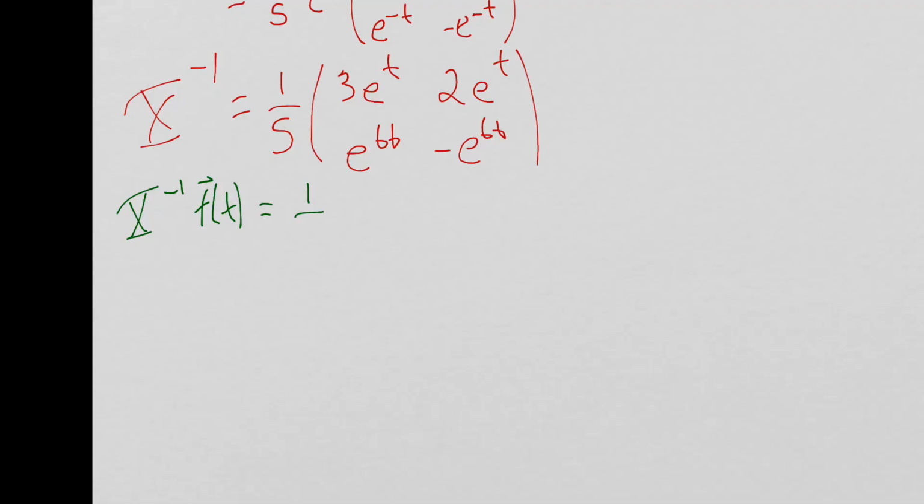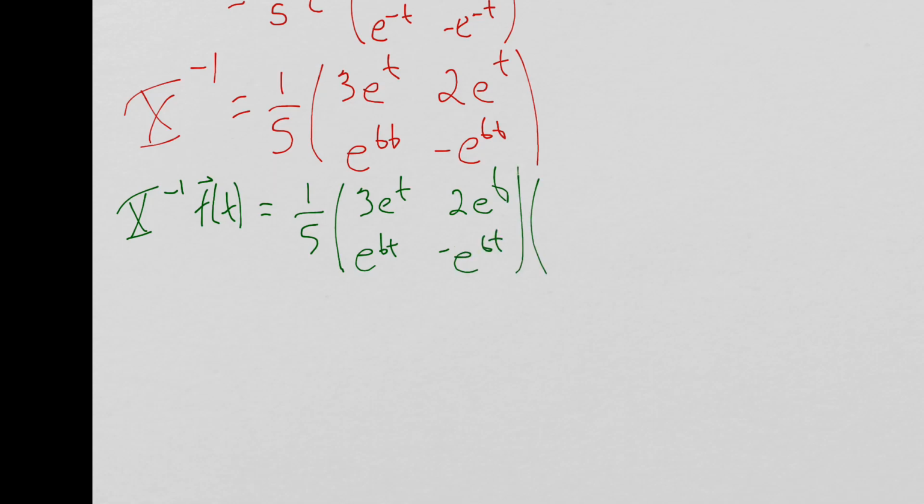So x inverse f of t is going to give me 1 over 5, open parentheses, 3e to the t, 2e to the t, e to the 6t, negative e to the 6t, times it was 4e to the negative t, 0. Okay, so that is 1 over 5.